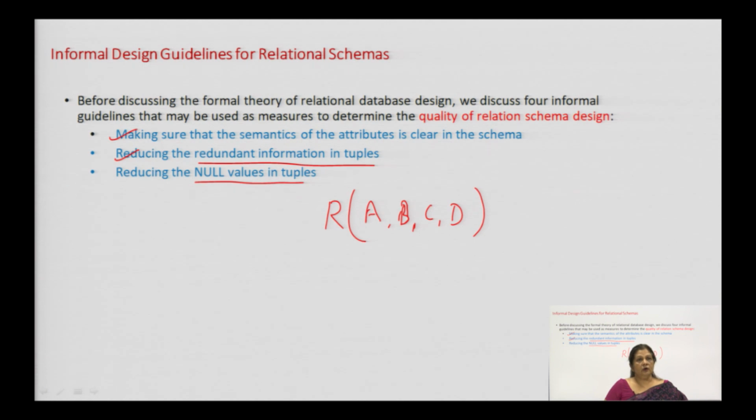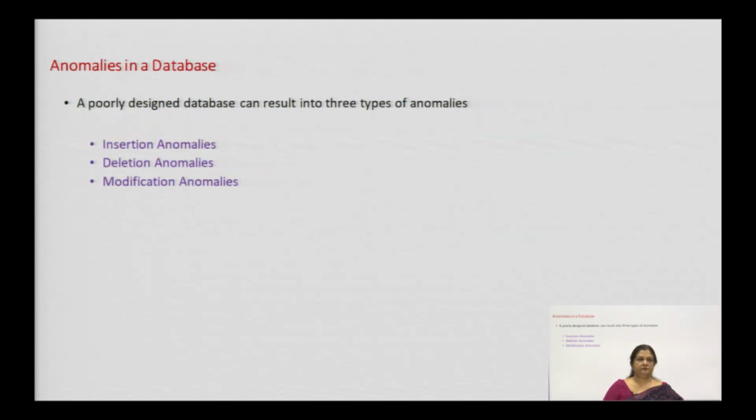So, for a good quality design of a relational schema, we need to consider these three properties, and when we study the design of the relational schema using normalization, we will focus on these three guidelines.